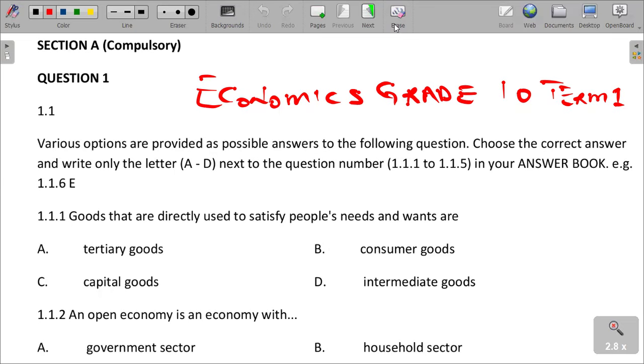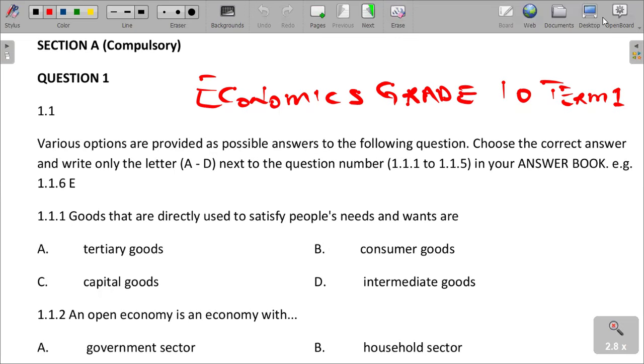This is Economics Grade 10, Term 1. Question 1.1.1, goods that are directly used to satisfy people's needs and wants. These are called consumer goods.